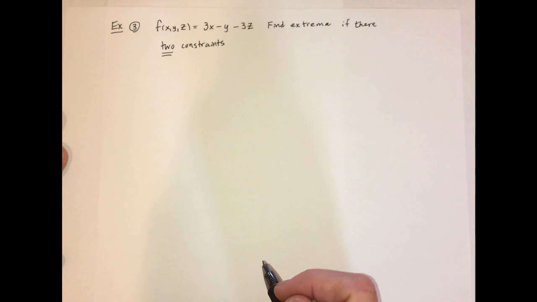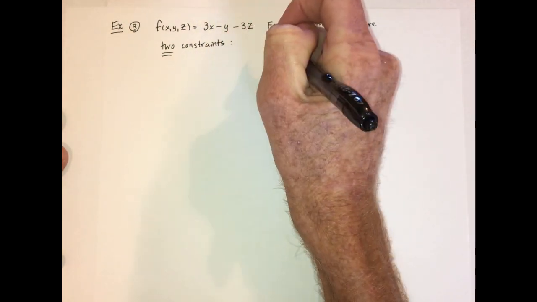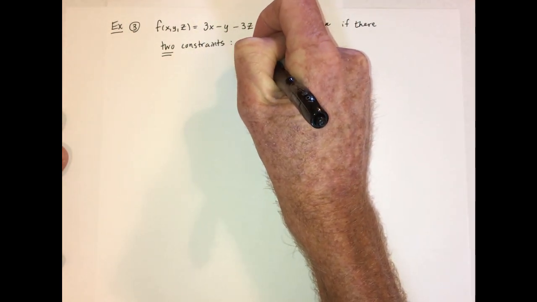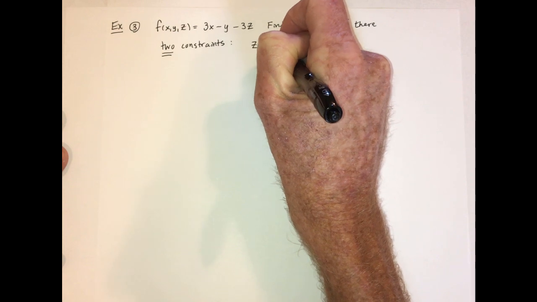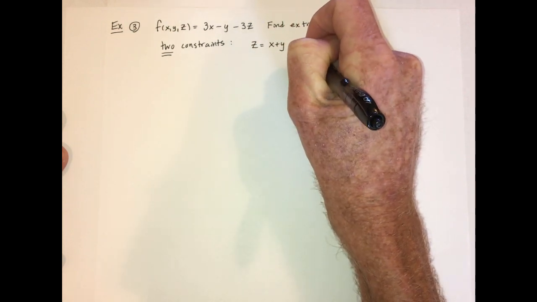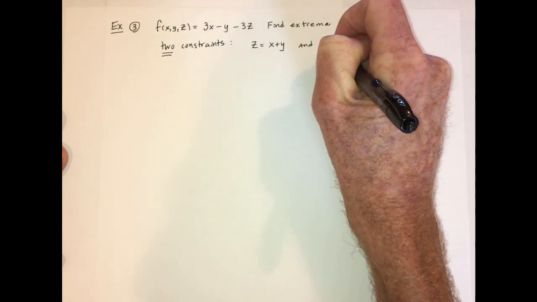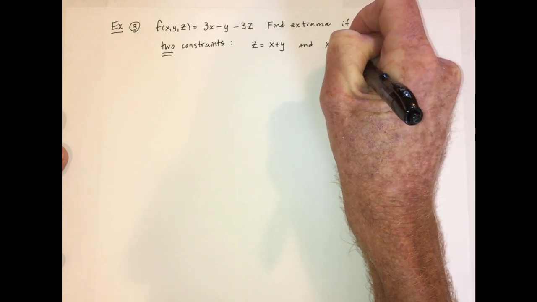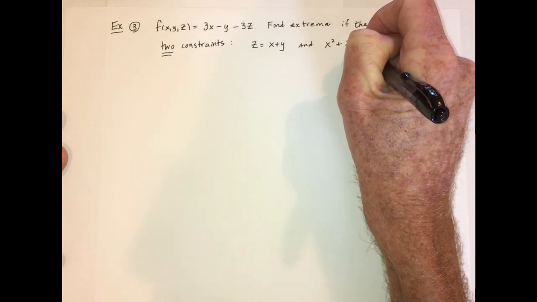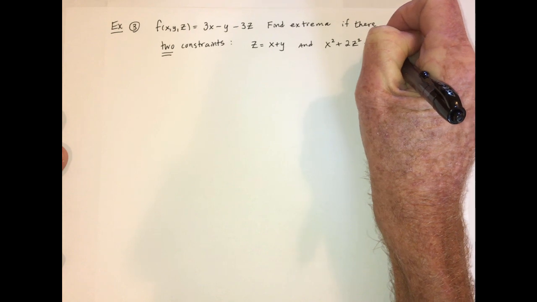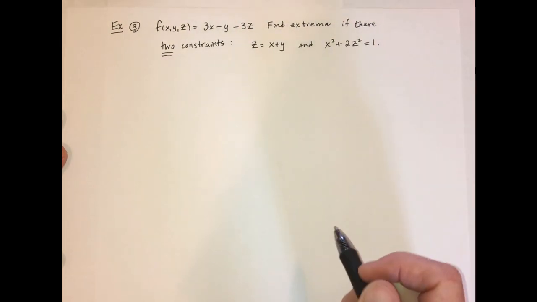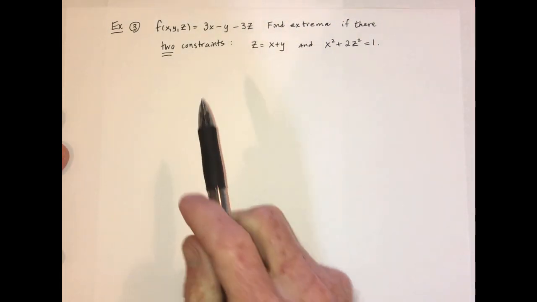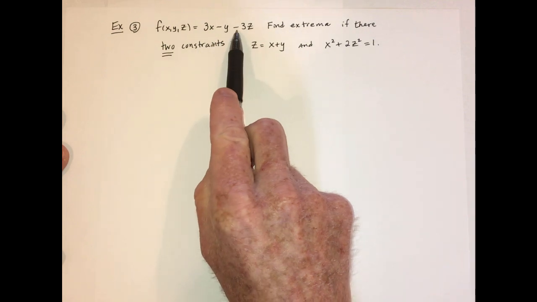Emphasize 2. And the two constraints are that z has to equal x plus y, and also x squared plus 2z squared is equal to 1. So basically it's saying find the minimum and maximum for this.